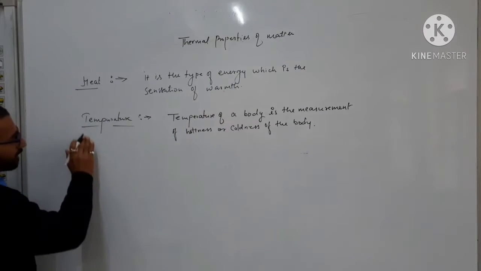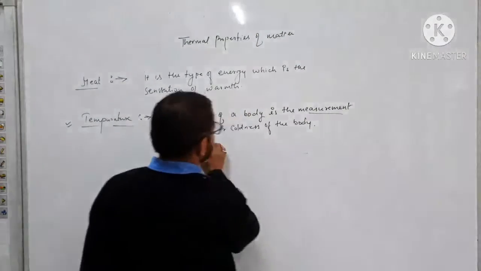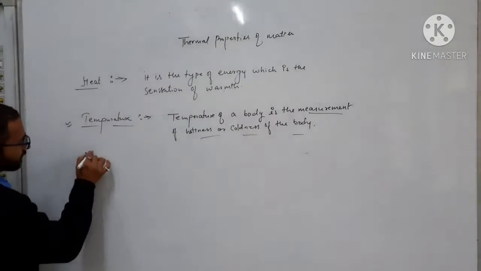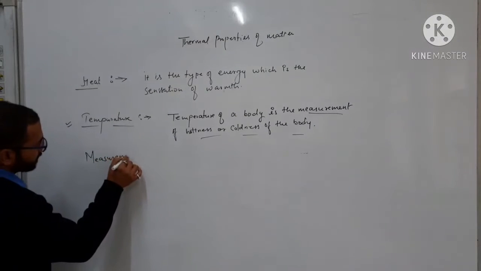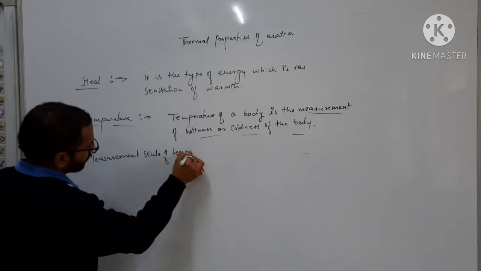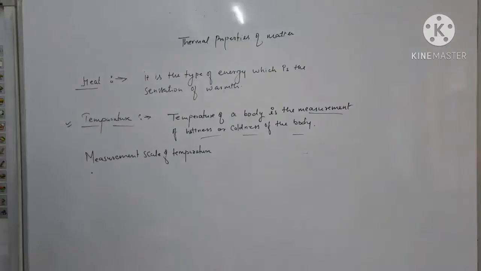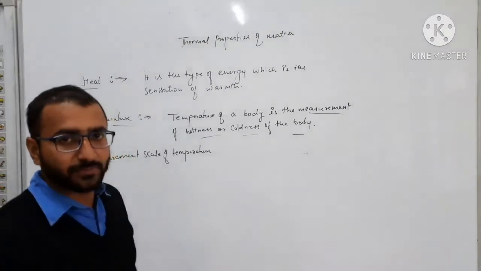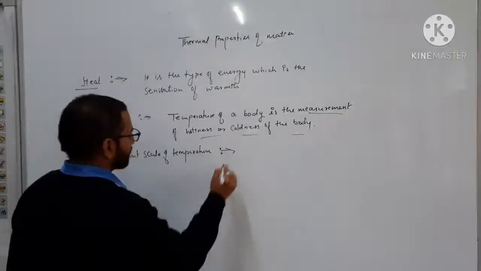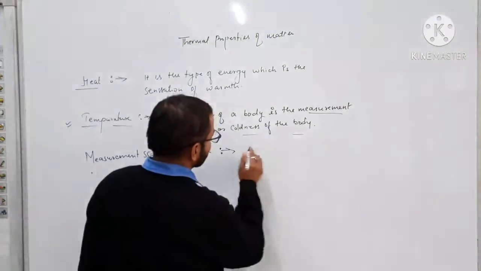Now, as we know, the measurement of hotness and coldness is called temperature. So when we use the measurement scale of temperature, we basically have three types of measurement scale which we will discuss here. For the measurement scale of temperature, we need two fixed points of reference.